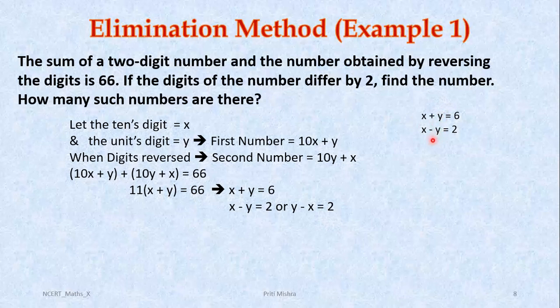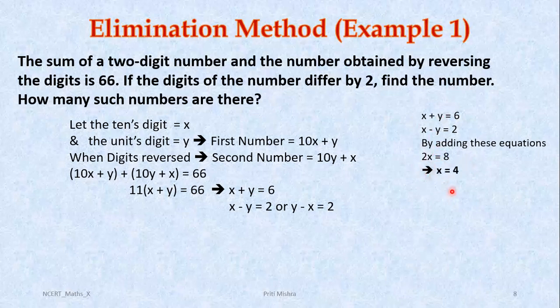So we don't need to do anything to make the coefficients equal. Directly we can just add these two equations. When we add these two equations, we remain with 2x is equal to 8, because plus y and minus y will get cancelled out.